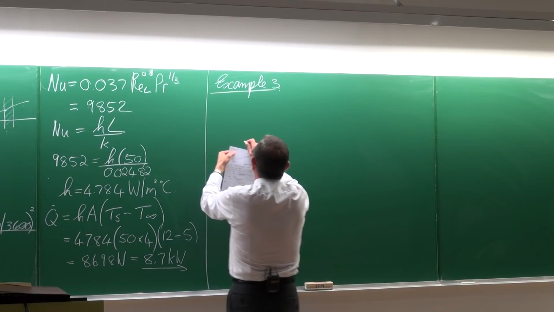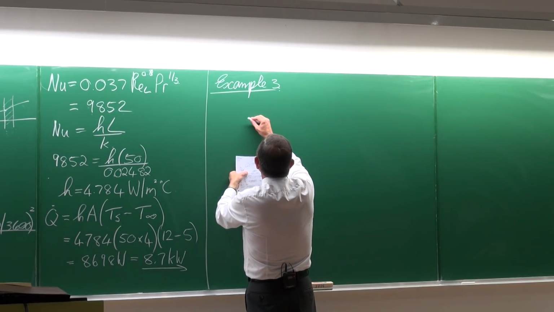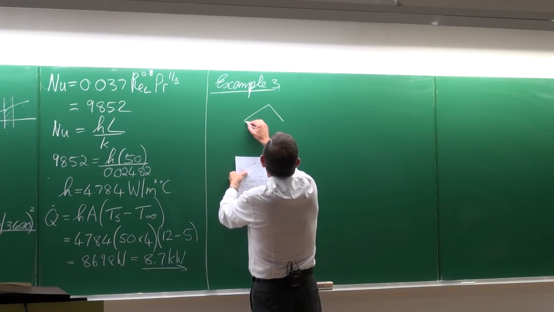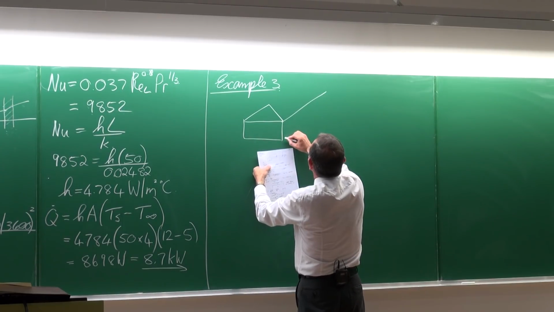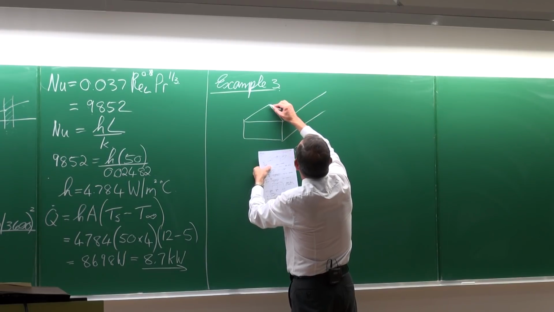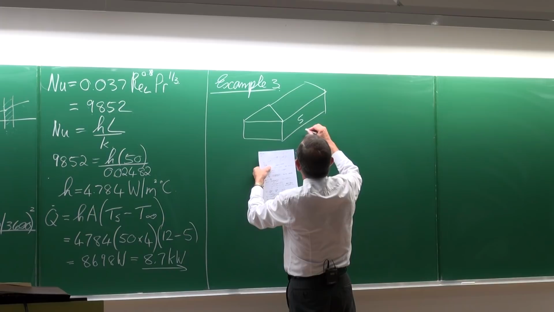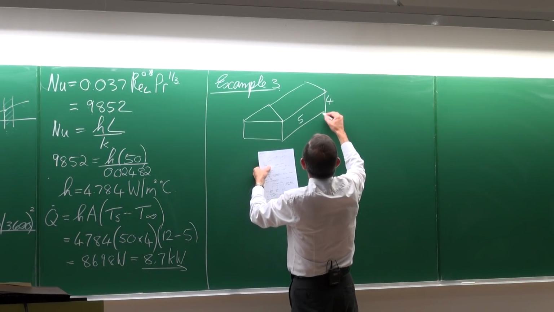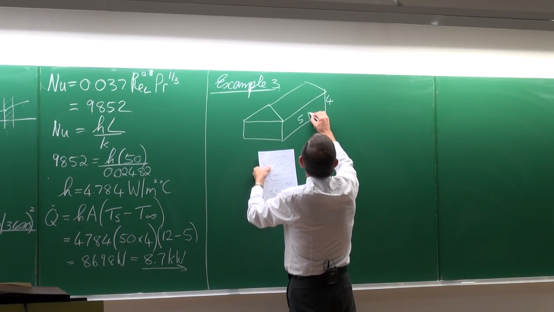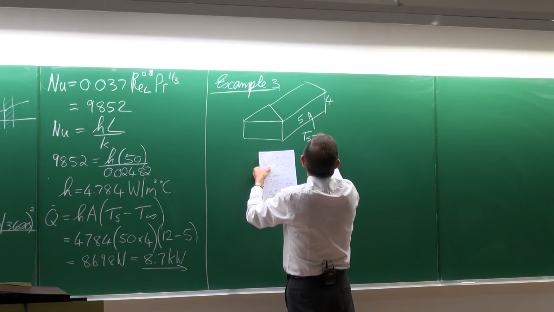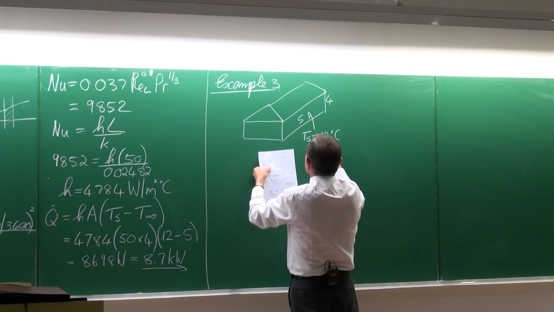Okay. Now this, again, is a building. And now that length is 5 meters and that is 4 meters. The surface temperature is at 12 degrees Celsius.